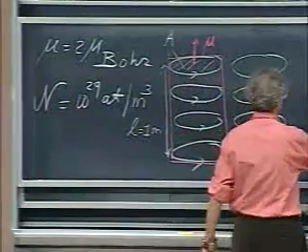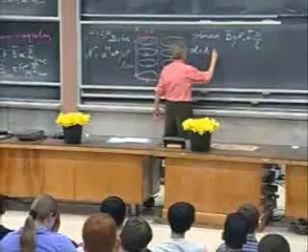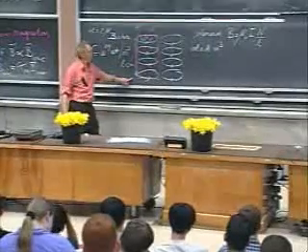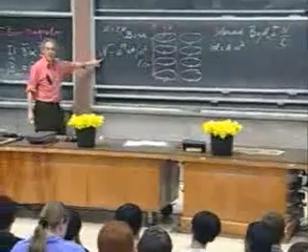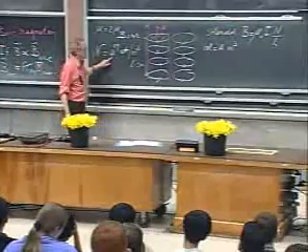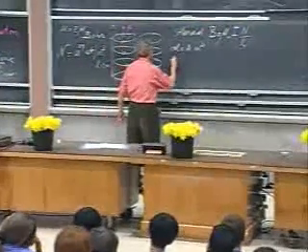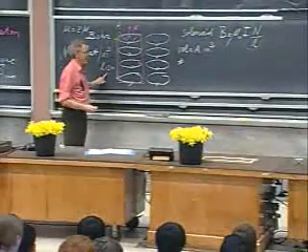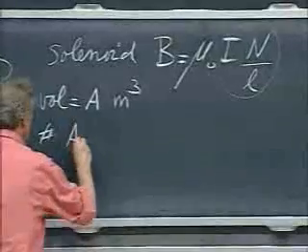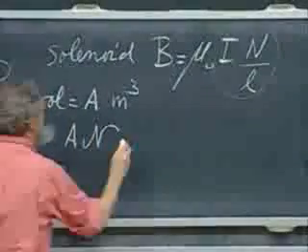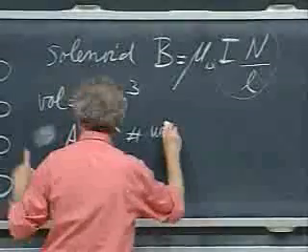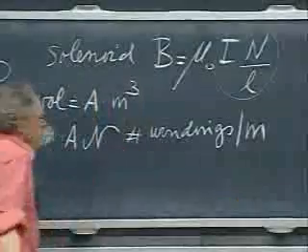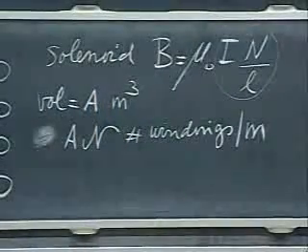A times 1 meter is A cubic meters. But the number of atoms per cubic meter is 10 to the 29. And so the number of atoms that I have in this solenoid per meter is this A times that N. So this is the number of windings, if I call this one winding, the number of windings per meter. Or you can think of it as the number of atoms per meter, the way they're lined up.